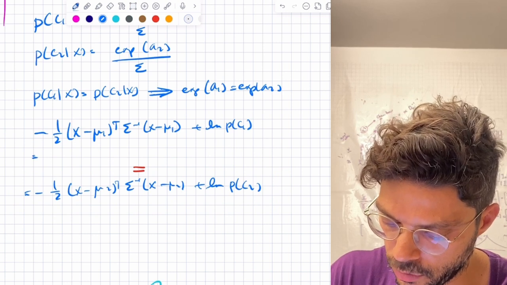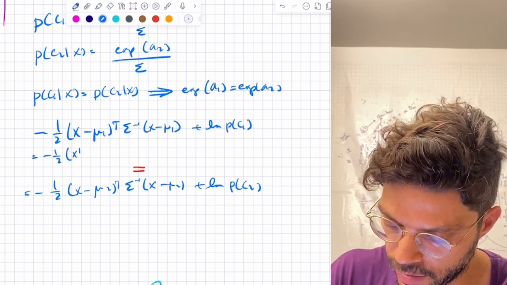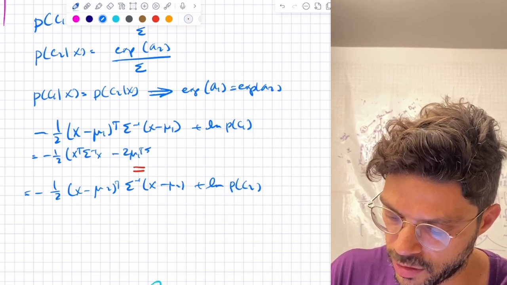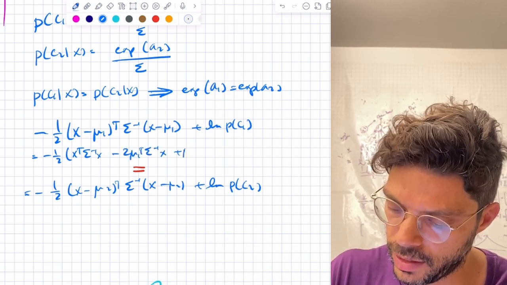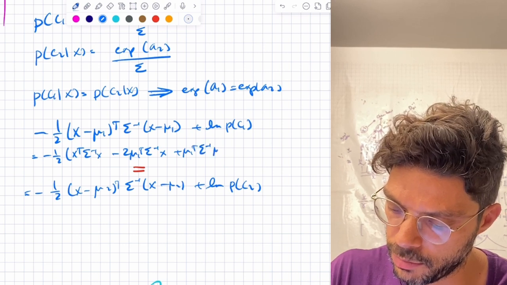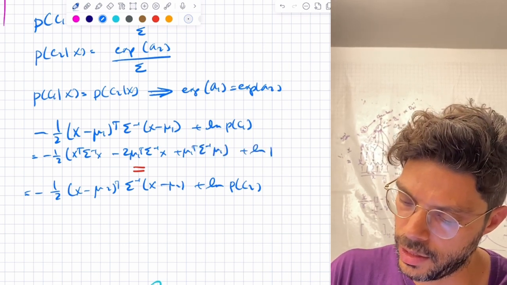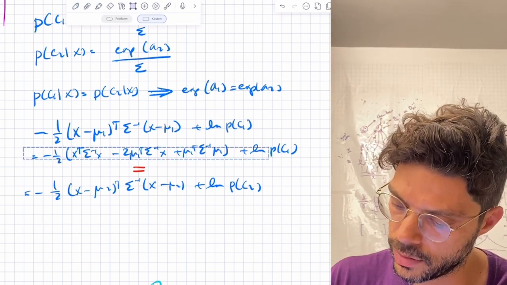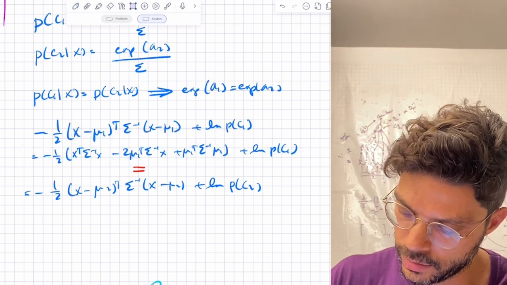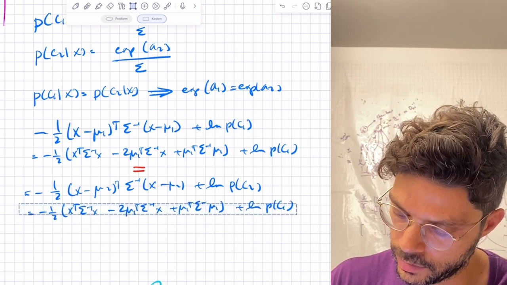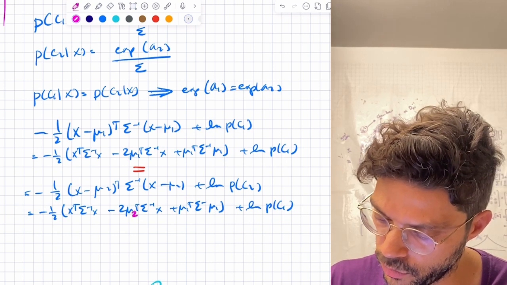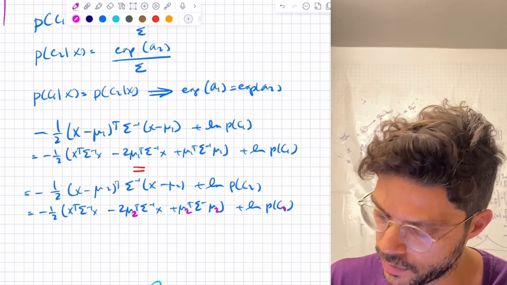This is going to be equal to minus 1/2 X transpose sigma inverse X minus 2 mu1 transpose sigma inverse X plus mu1 transpose sigma inverse mu1, plus ln P of C1, and we just copy that out for class 2.